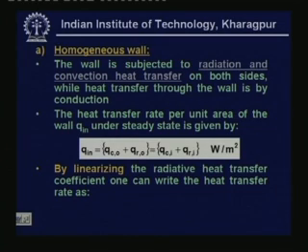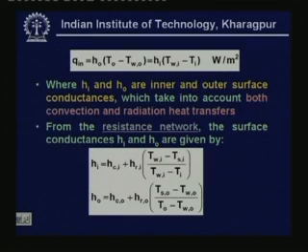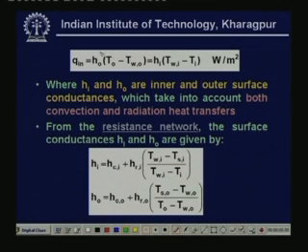By linearizing the radiative heat transfer coefficient, we can write the heat transfer rate as Q_in is equal to h_o into (T_o minus T_wo), which is equal to h_i into (T_wi minus T_i), where h_i and h_o are inner and outer surface conductances. So, this is known as outer surface conductance, and this is known as inner surface conductance.